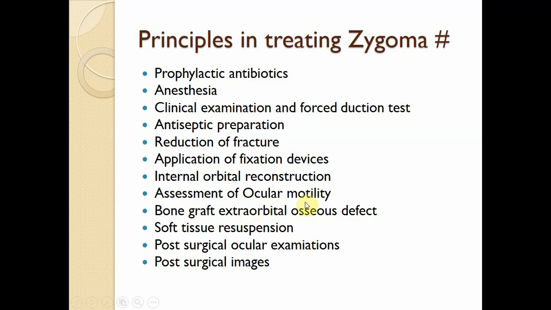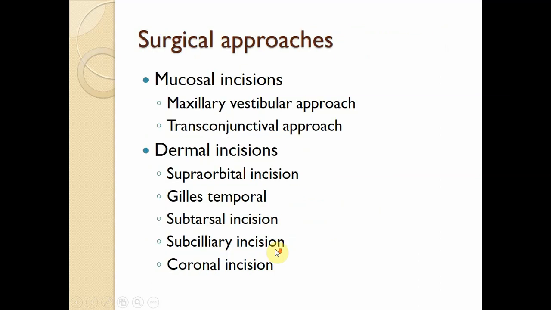Then assessment of ocular motility: check the eye movements. If there is a bone defect, we reconstruct it with a bone graft, then soft tissue resuspension, and post-surgical ocular examination and post-surgical imaging.